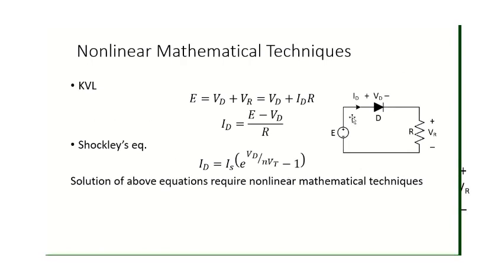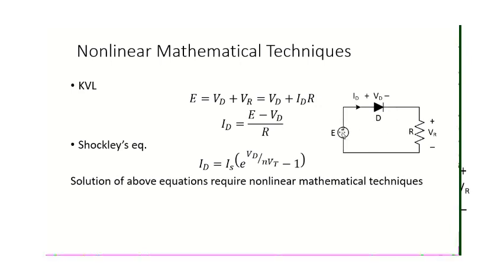On the right side of the figure, you can see there is a voltage source, which is denoted by E, and there is a diode, represented by D, and one is the resistor. So we can see all the elements are connected in series, so it means that current will not divide and only a single current will flow throughout the circuit.